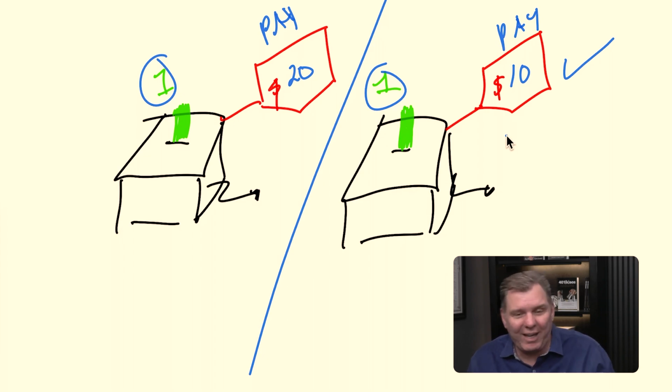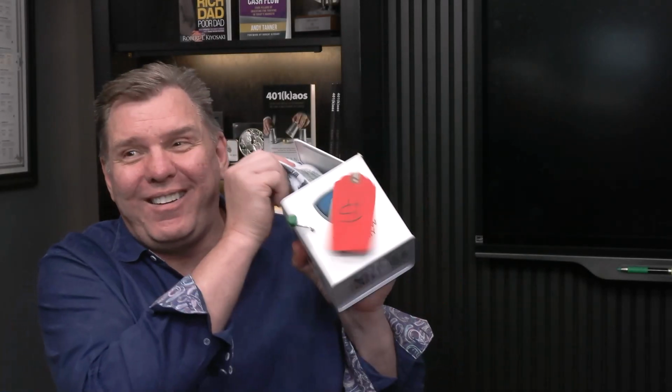Price is what I'm paying, and value right here, that's what I'm getting. Price is what I pay, value is what I get. Listen, PE ratio is just one piece of the stock market investing puzzle.